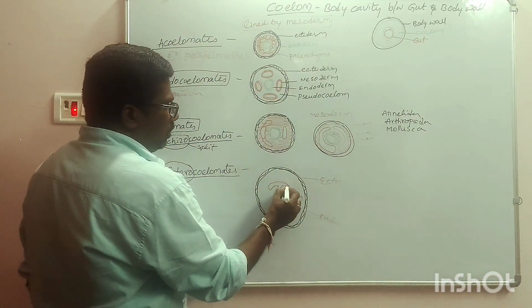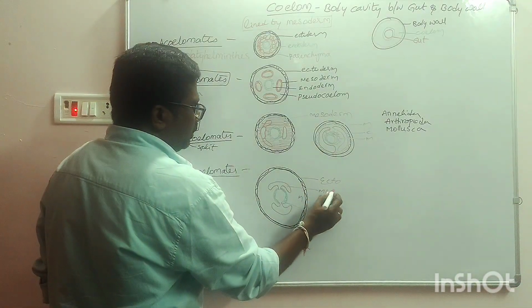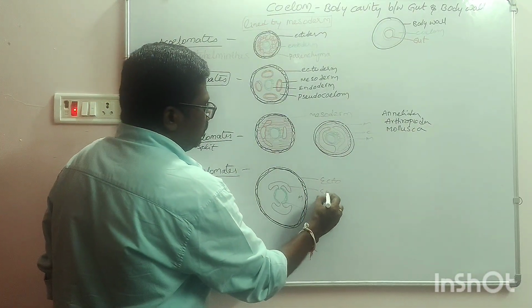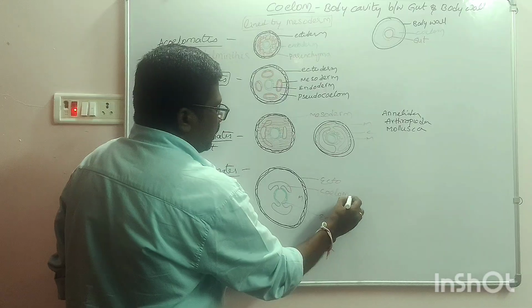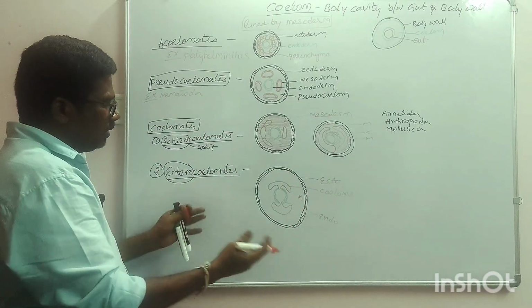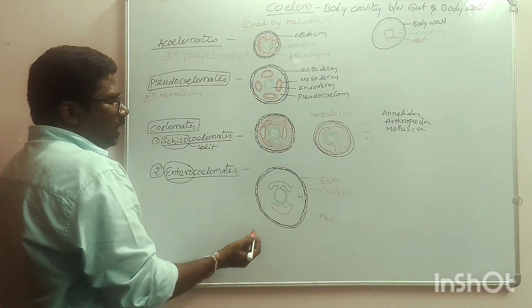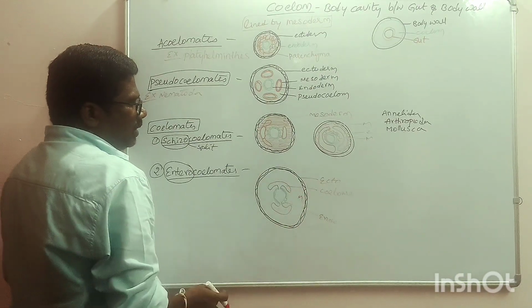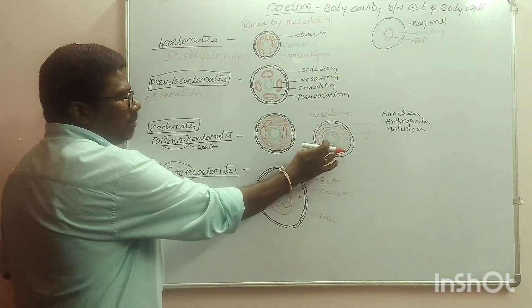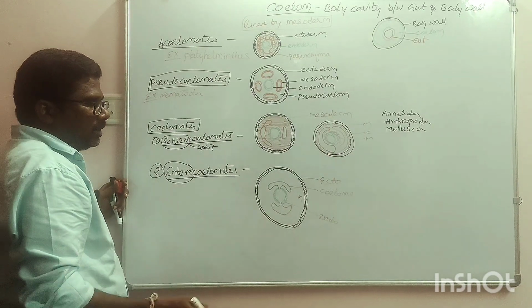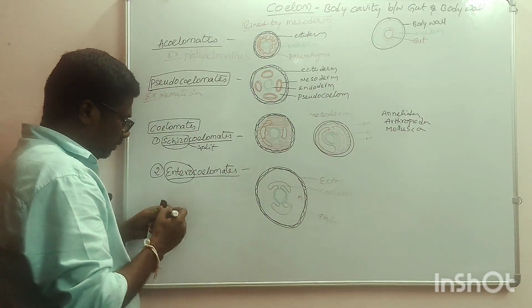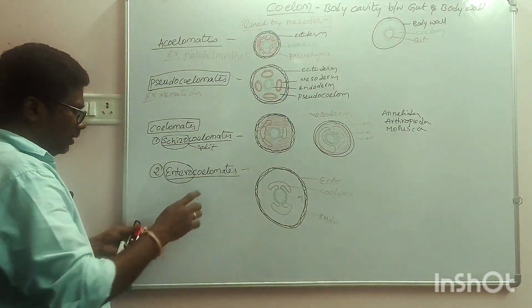This is coming. So this is the mesoderm, and this is the coelom. This extension becomes bigger and then separates from the gut, and then coelom will be formed like this. So this type of coelom formation is called enterocoelom.